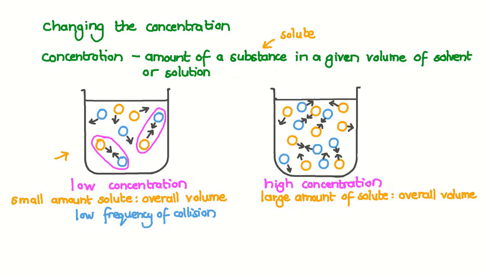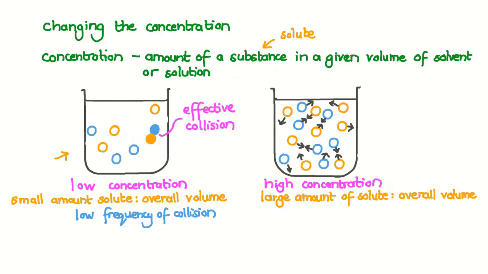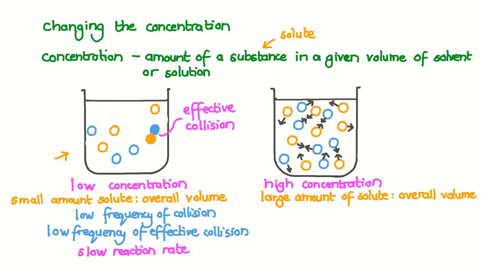Only some of these will result in an effective collision to produce the product. Here the product has been drawn with solid balls so that we can identify it easily. So the frequency of effective collisions in a low concentration solution is low, and this causes the reaction rate to be slow.